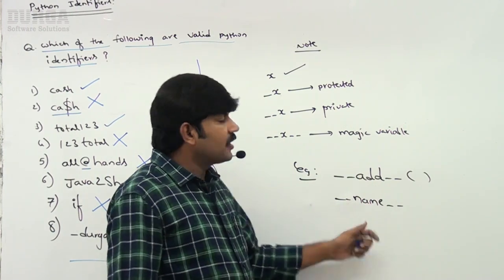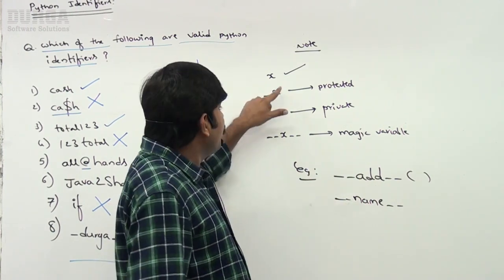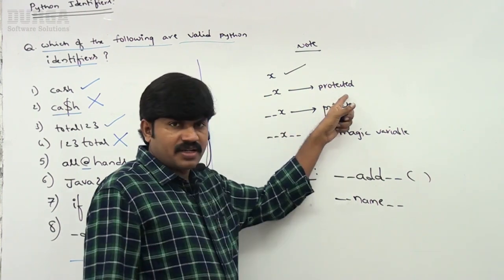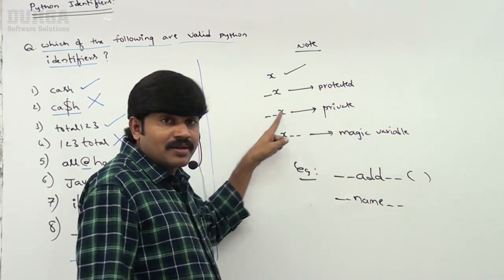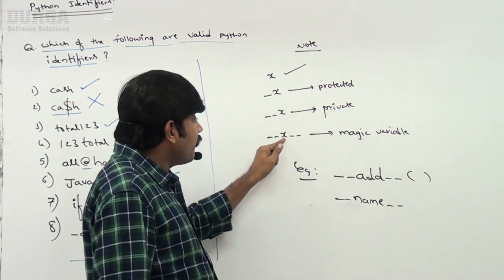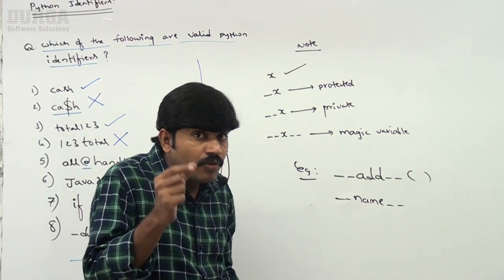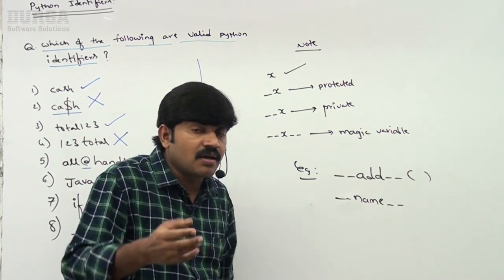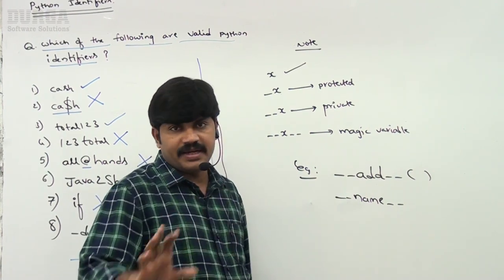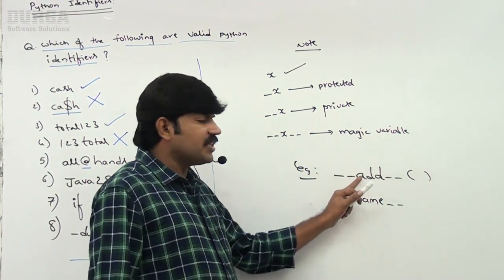So just be aware: if the variable starts with an underscore symbol, it is protected. If it starts with two underscore symbols, it is private. If it starts and ends with two underscore symbols, such identifiers are language specific predefined identifiers, also known as magic variables.